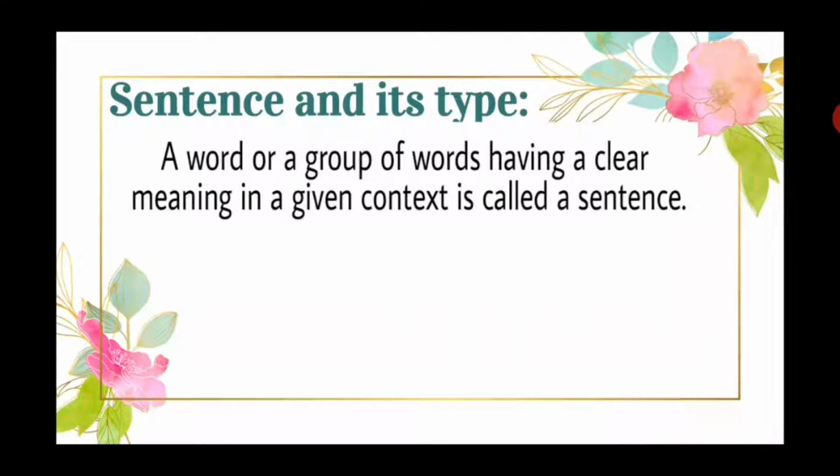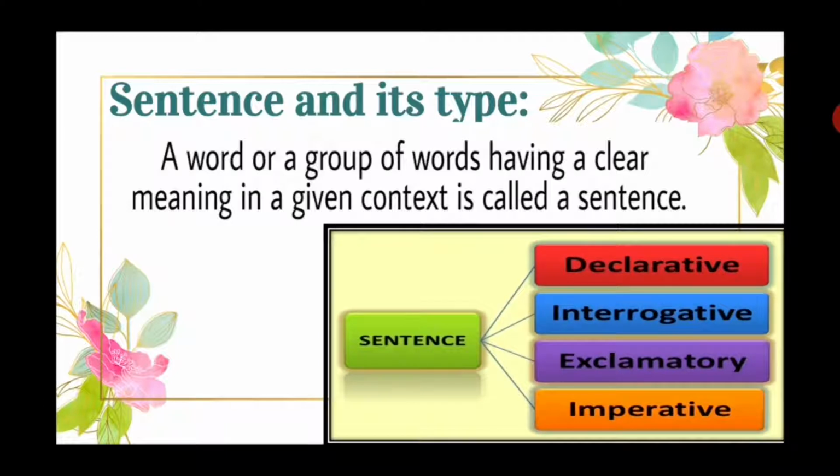It means the words or a word we use for expressing our situation, that's what the sentence is. Oh, as I was saying, there are types of sentence. What are the types? These are the types of sentence. First one, declarative, interrogative, exclamatory, and imperative.